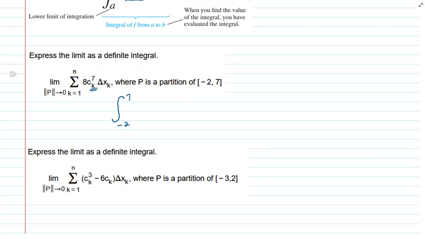Now remember, this n here is the number of partitions. Since we're doing Riemann, we know there's an infinite number. So we can now put the integral sign and put -2 to 7, the lower, and then this is the upper. So lower to upper, and we're going to put 8 c sub k to the 7th, which is x to the 7th, and delta x becomes dx in our functional notation.